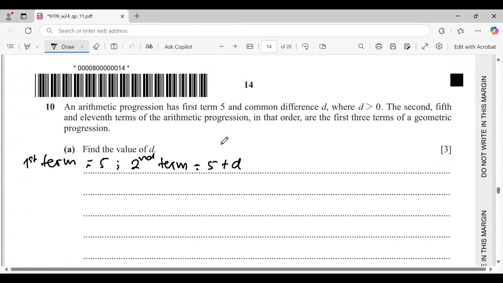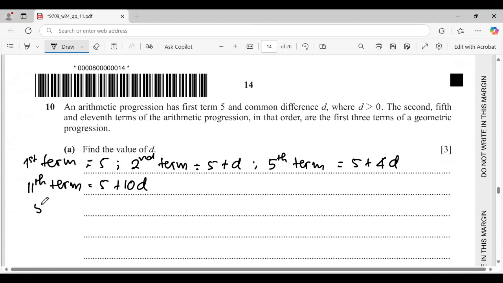plus d. And the fifth term, of course, is 5 plus 4d. The d is the common difference. And the 11th term is 5 plus 10d. In a geometric progression, the ratio between consecutive terms is a constant number.